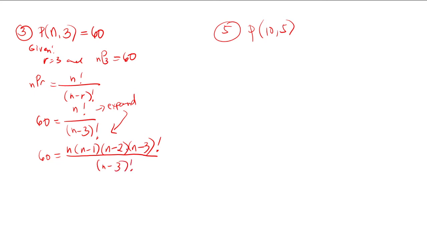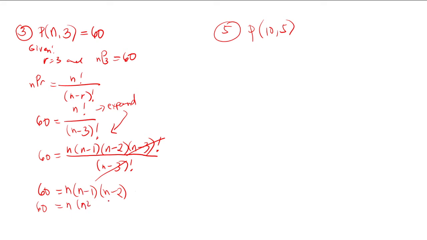Yun ang goal mo, na magkaroon ka ng n minus 3 quantity factorial sa numerator mo. So, cancel, cancel. Ang matitira is n times n minus 1 times n minus 2. Yun ang matitira. Okay? And then, pwede mo tong expand ulit. We have 60 is equal to n times n square.